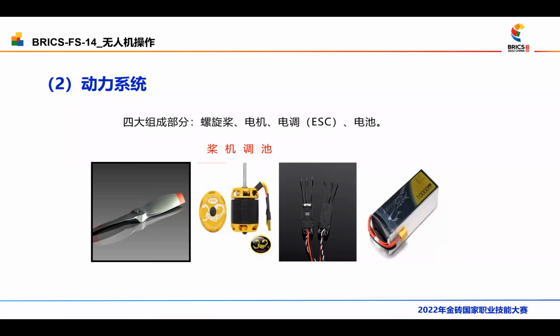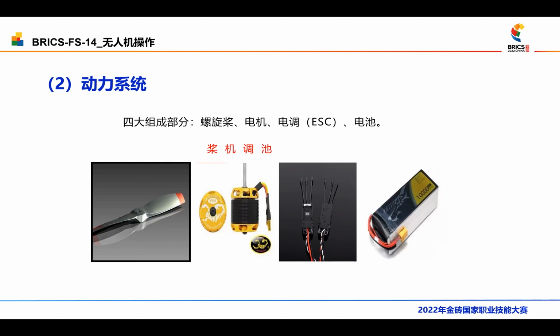Lastly is the batteries. UAV batteries are the power source of UAVs, and batteries include lead-acid batteries, nickel metal hydride batteries, nickel chrome batteries, polymer lithium batteries, and dry batteries in the early days.